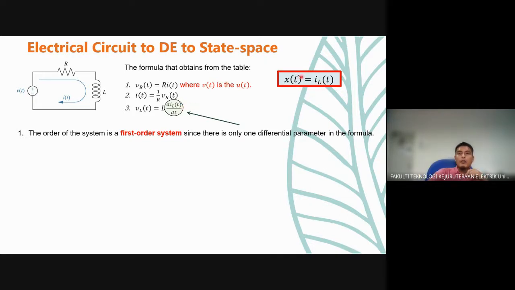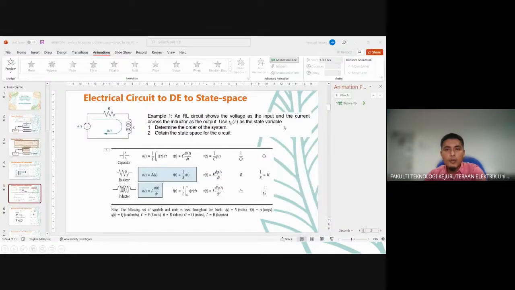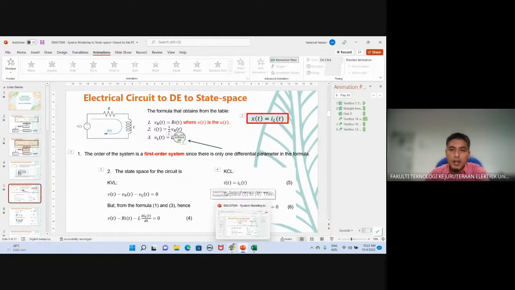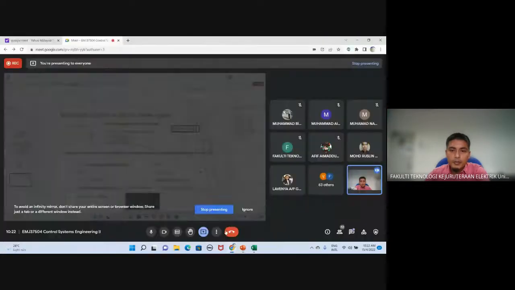Okay, so based on the state space equation, what is the name of the xt? We have ut as the input. I need to stop presenting this one.